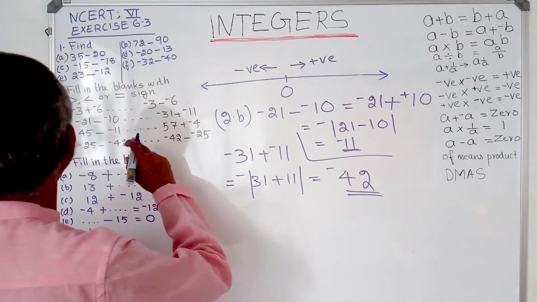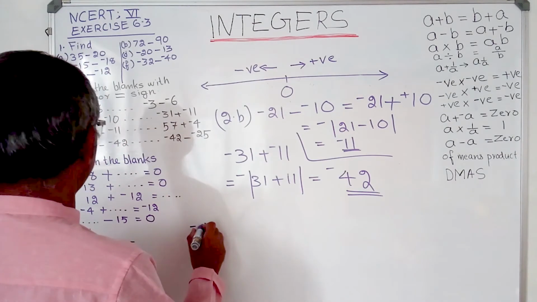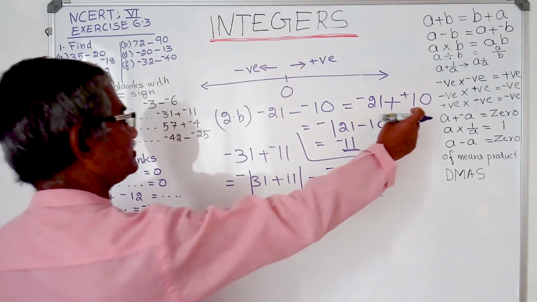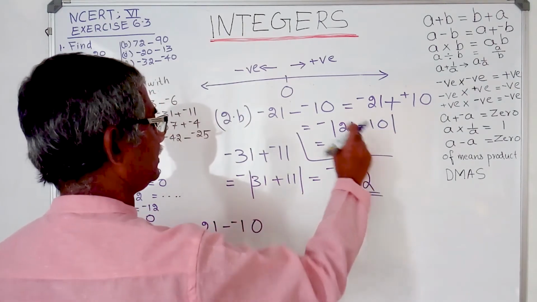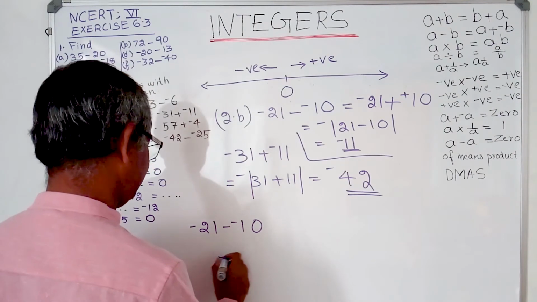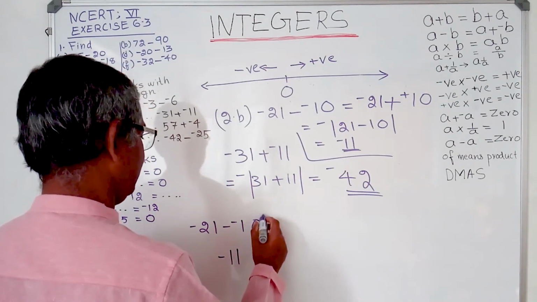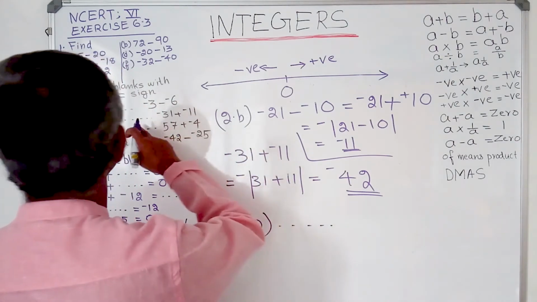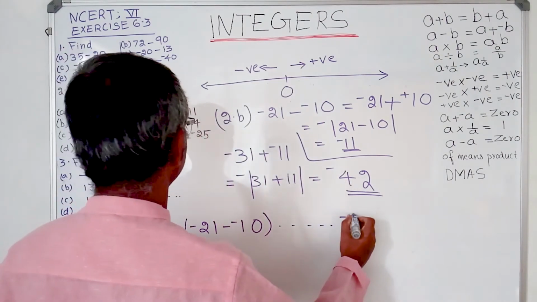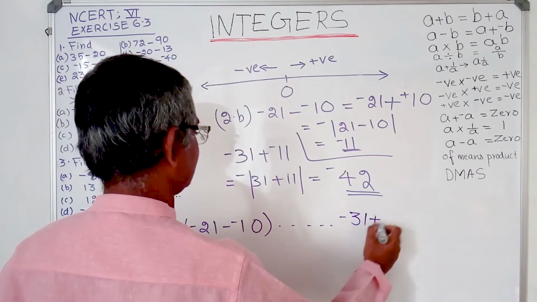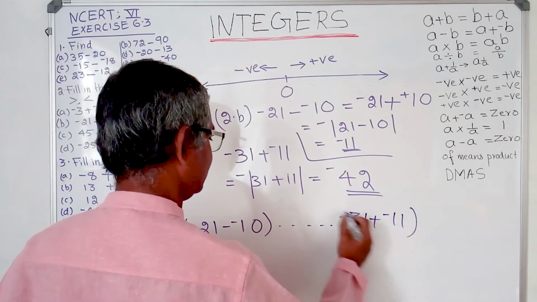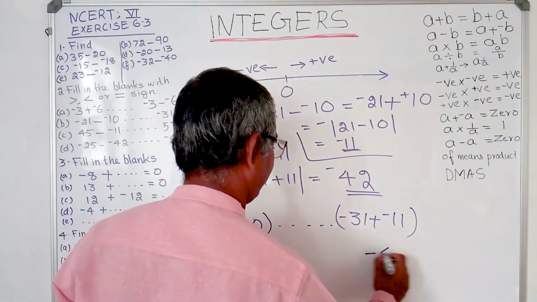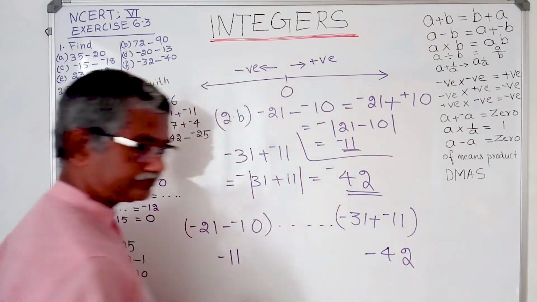First one, negative 21 minus negative 10, whose value is negative 11. Again, the next one, negative 31 plus negative 11, whose value is negative 42.